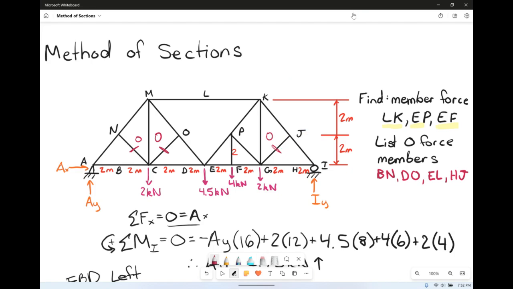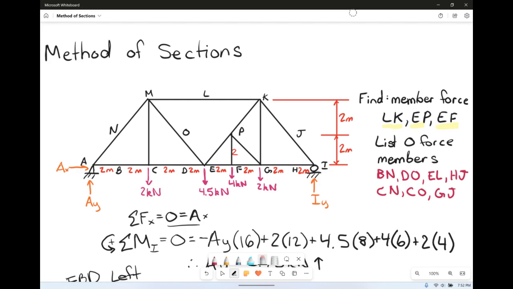So we'll update our list really quick. And we've got CN, CO, and GJ. So that's a total of 7 0 force members. If we want, we can go ahead and erase them.